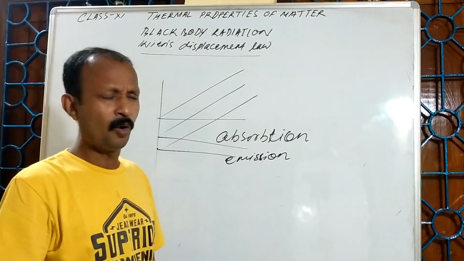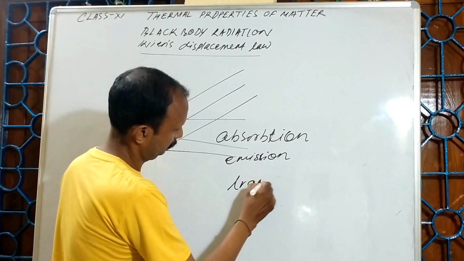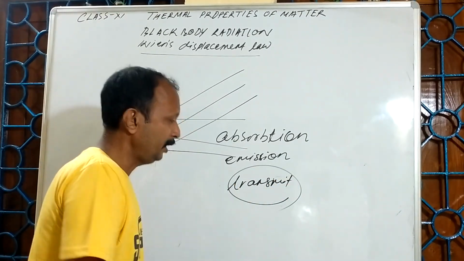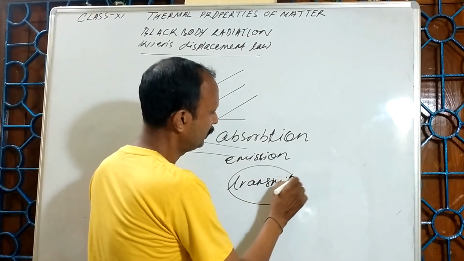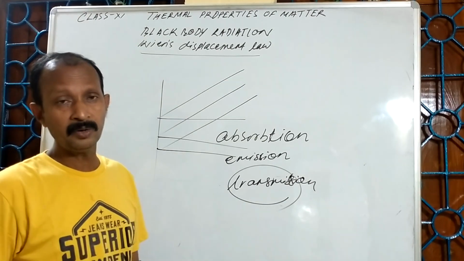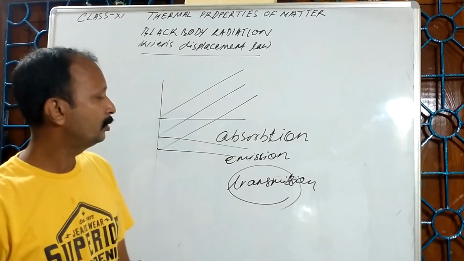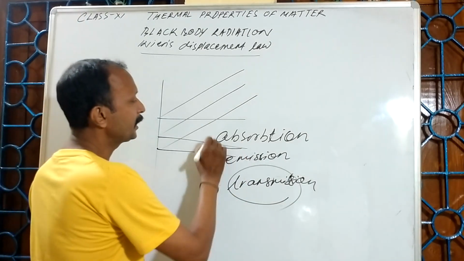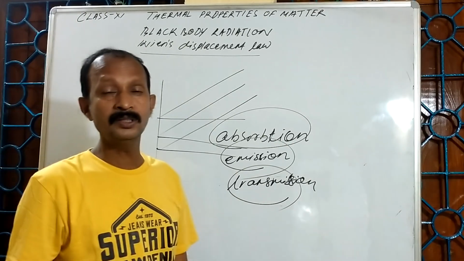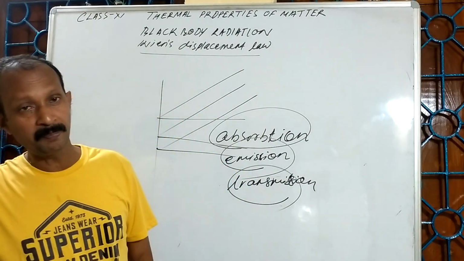In some cases the body also transmits, so transmission is also possible. But here we are not discussing transmission. Here we are going to discuss absorption and emission, because it is the matter of a black body. So what is that black body?